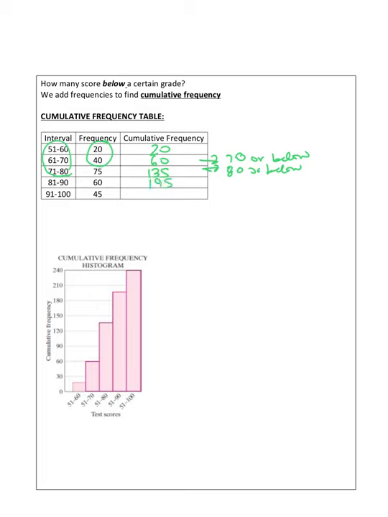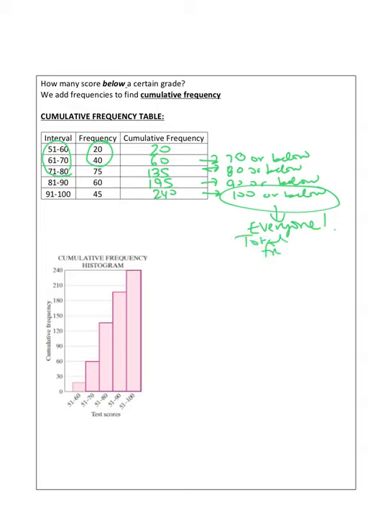This would be 195 people who scored 90 or below. And finally, the last one is 240. This is everyone who scored 100 or below, which is pretty much everyone. That's the total frequency. That's everyone who took the test.